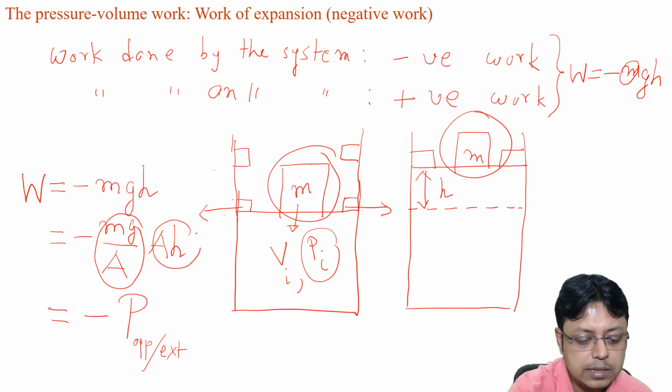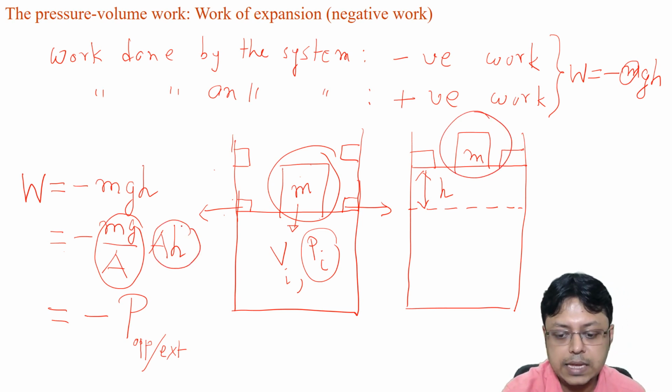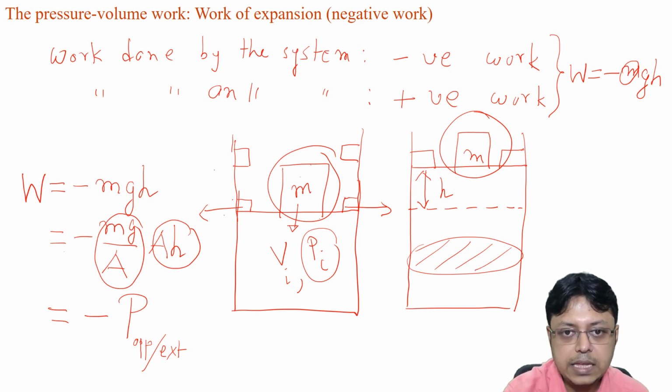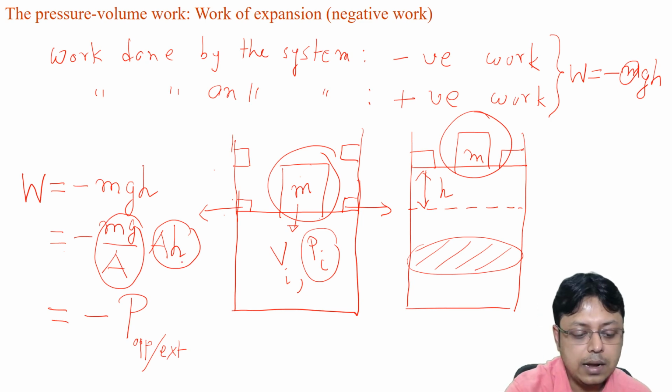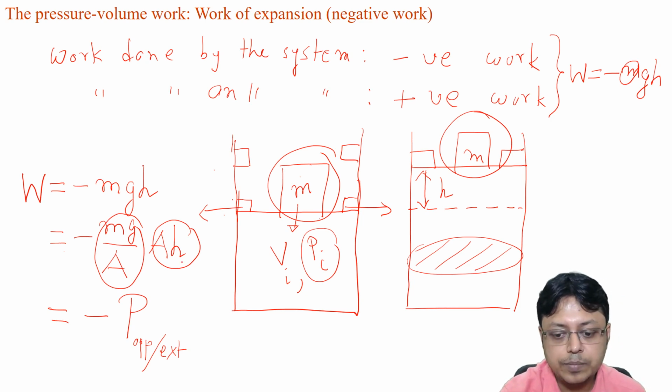Now what we have in the second term is A times h. What is A? Remember that A is the cross-sectional area of the piston. And what is h? h is the change in height. So area times length is nothing but volume. In this case, area times the change in height is nothing but the change in volume.